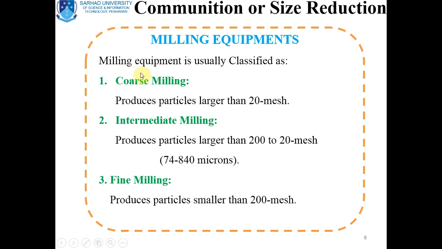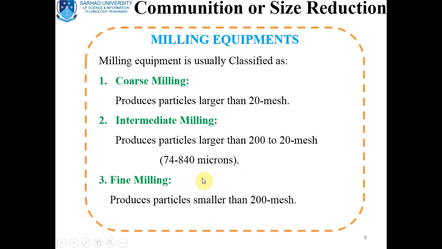Some of the equipments result in coarse milling, which produces particles larger than 20 mesh, and similarly intermediate milling produces particles from 200 to 20 mesh, that is 74 to 840 microns equivalence, and fine milling produces particles smaller than 200 mesh.